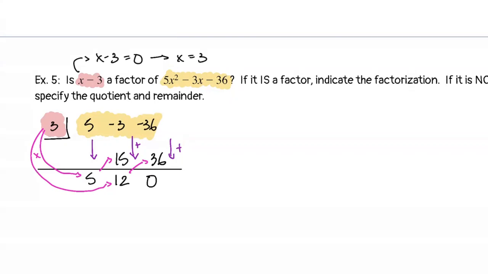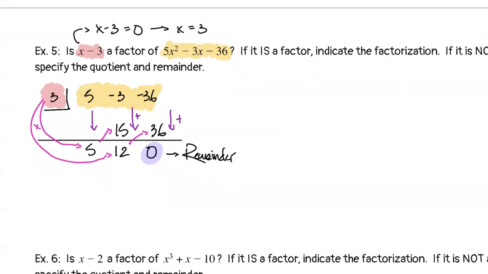Someone tell me, what does that 0 mean? Okay, it means we have no remainder. It means we have a remainder of 0. All right. And that does mean that x minus 3 is a factor.